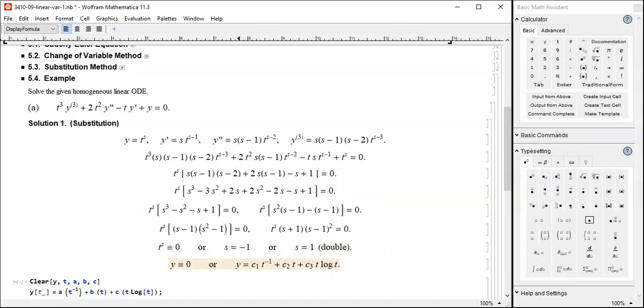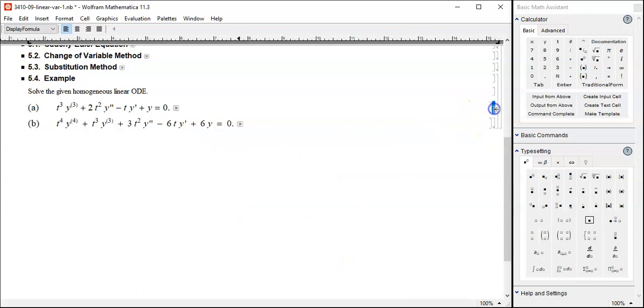Conclusion: double root comes with log of t. Algebraically, a little bit more factorization, yeah, but this is not really too difficult. Now, I would regard this kind of computation as pretty normal, or actually on the simpler side.